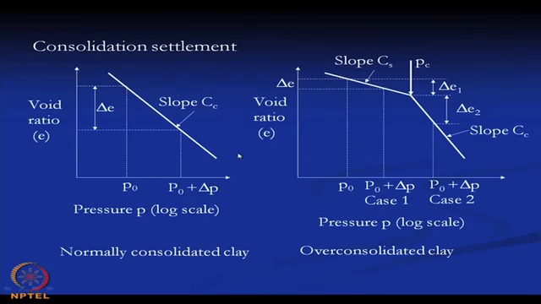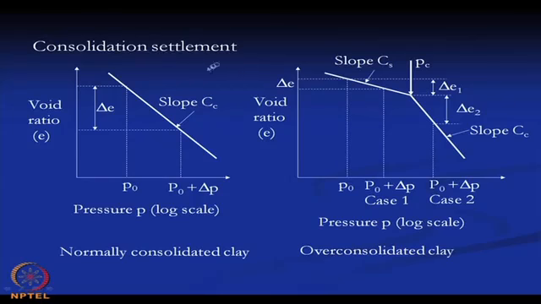Now, how will we calculate the consolidation settlement of a soil? As I mentioned, for foundation design this settlement calculation is a very important issue for clay soil. There are two types of soil we have considered, one is normally consolidated clay, another is over consolidated clay.